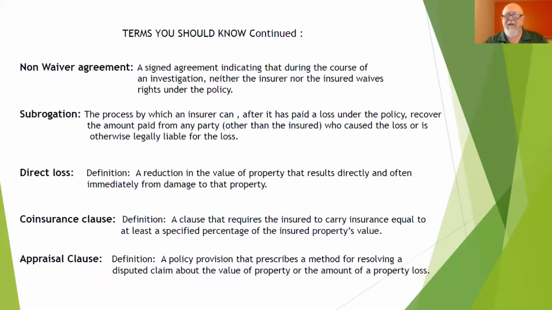Subrogation. Subrogation is where the insurance company pays for a loss based on the fact that they have an agreement, they have a policy with the policyholder. However, there's another cause to the loss, or there's someone that they should recover their damages from. So let's say, for example, I had a client who had a PC Richard, which is an appliance retailer.